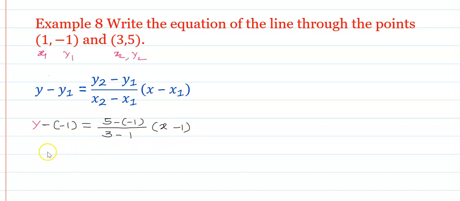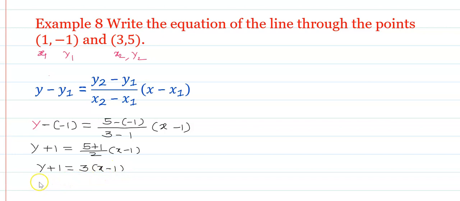Now simplify here. y minus minus becomes plus, equal to 5 plus 1 upon 2 times (x minus 1). Then simplify: y plus 1 is equal to 6 upon 2, which gives 3, times (x minus 1).